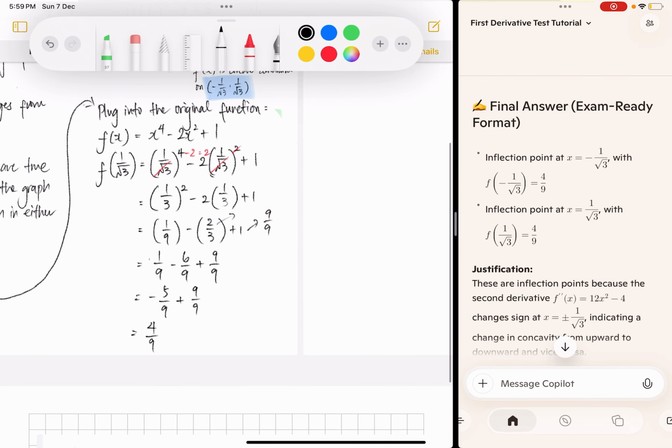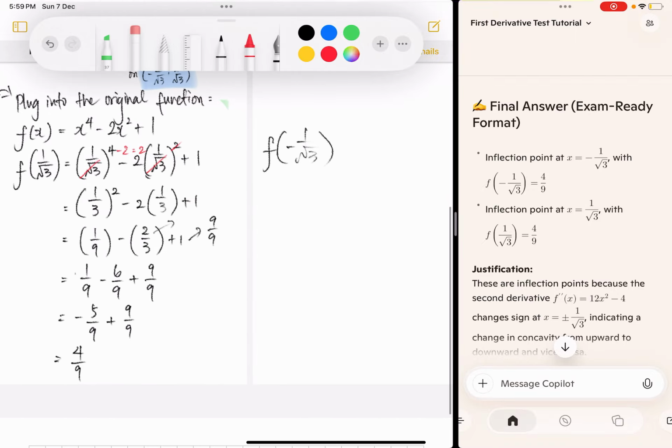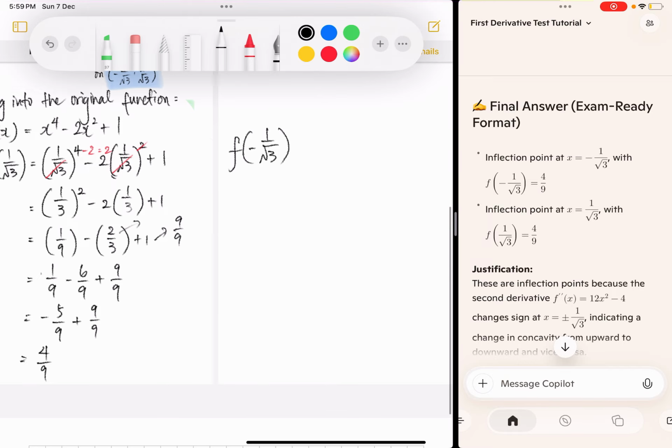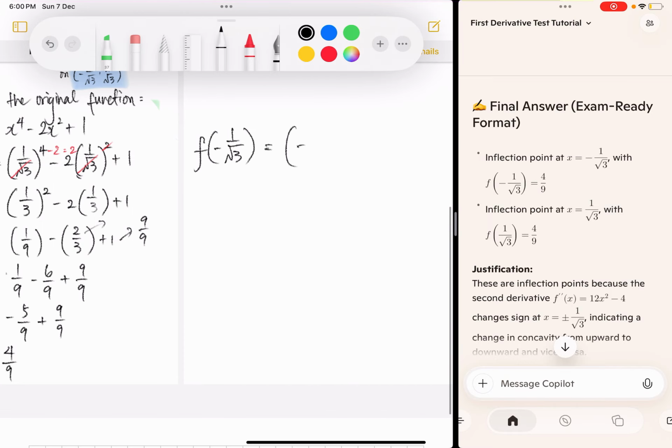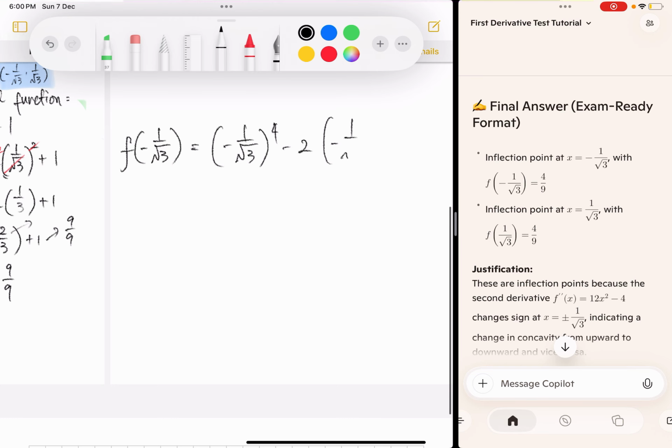We can do f of negative 1 over square root of 3 if you'd like together, but it's practically the same format. So negative 1 over square root of 3 to the power of 4, minus 2 times negative 1 over square root of 3 squared, plus 1.